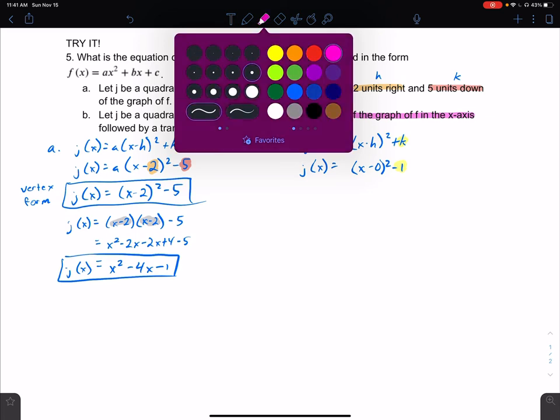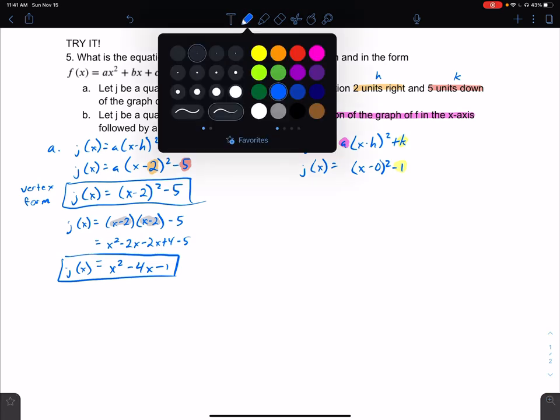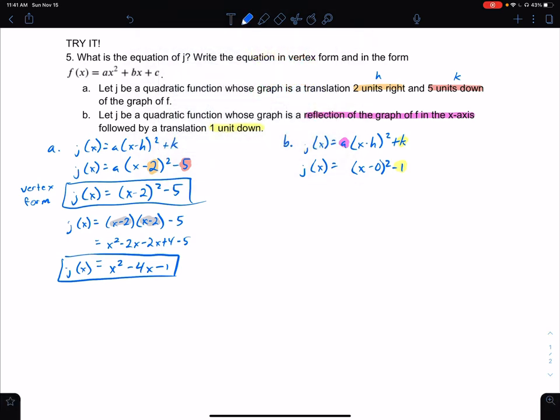Now, since there is a reflection of the graph of f in the x-axis, that reflects or affects a. So what's going to happen is that a is going to be negative because there's a reflection. Since there's no stretch or compression, it's going to stay as a negative 1. And I know that might sound a little tricky, but since there's a reflection, remember reflections mean that a is negative.